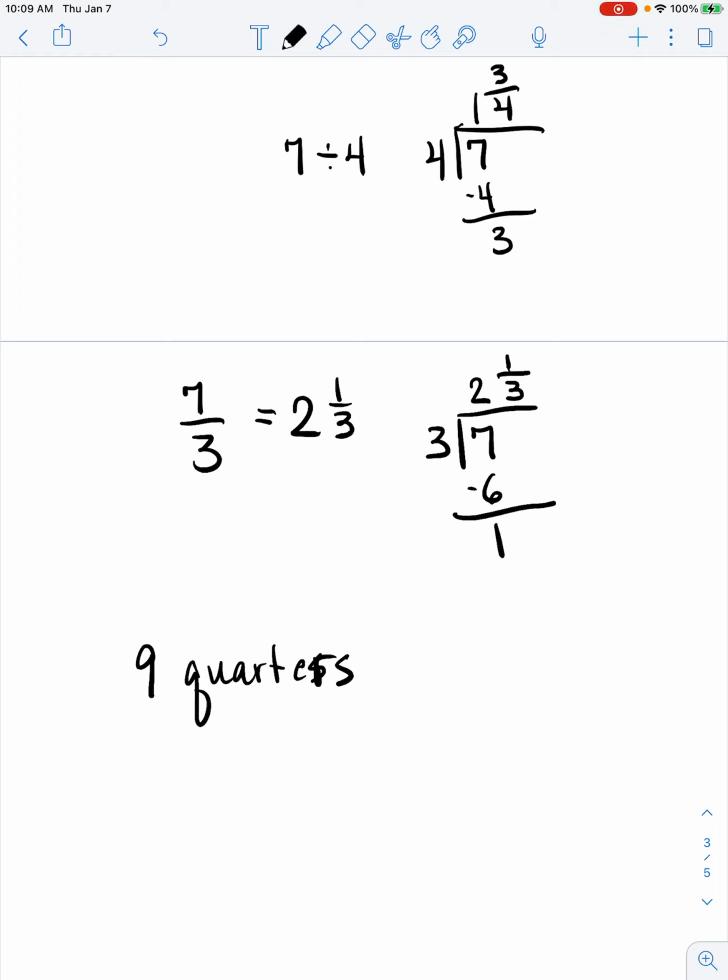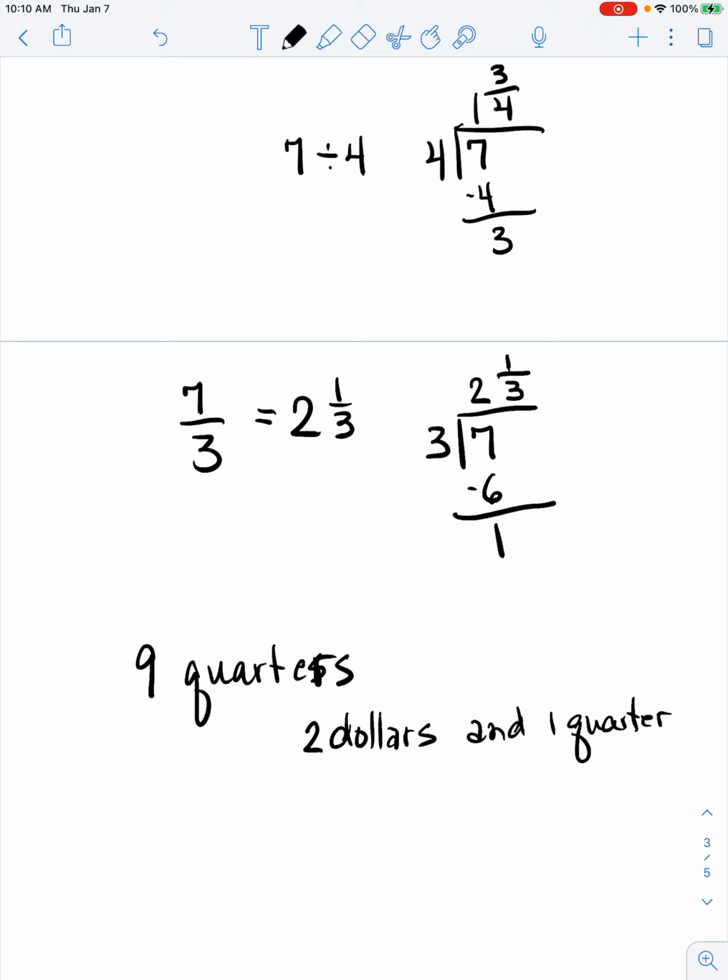But if instead of 9 quarters I say I have $2 and 1/4, that would be like the mixed number. 9 quarters would be 9/4, and $2 and 1/4 would be 2 wholes and 1/4.